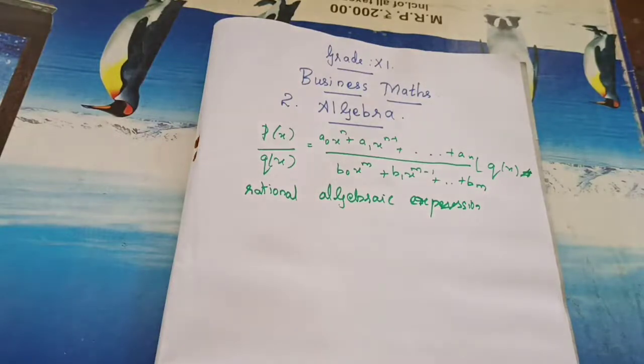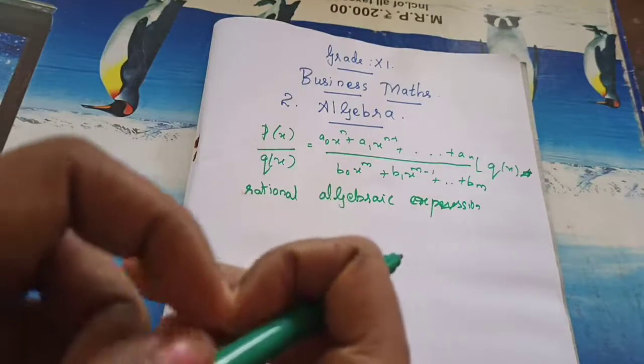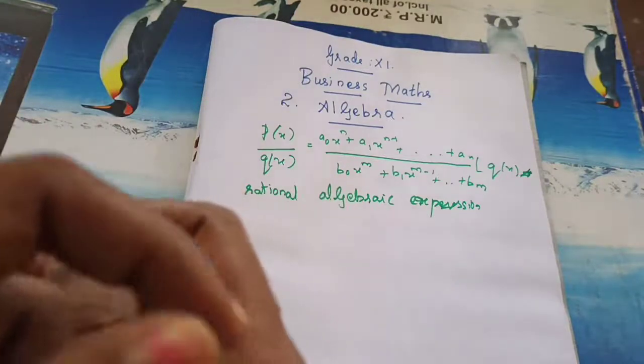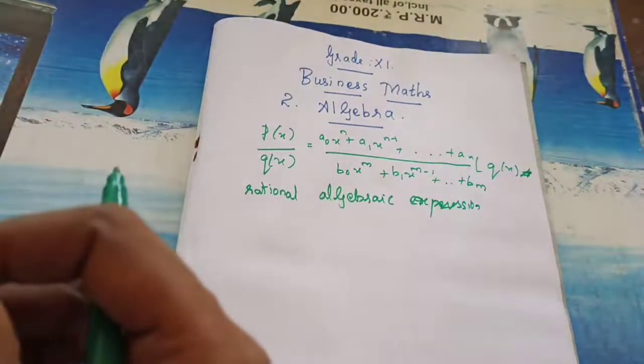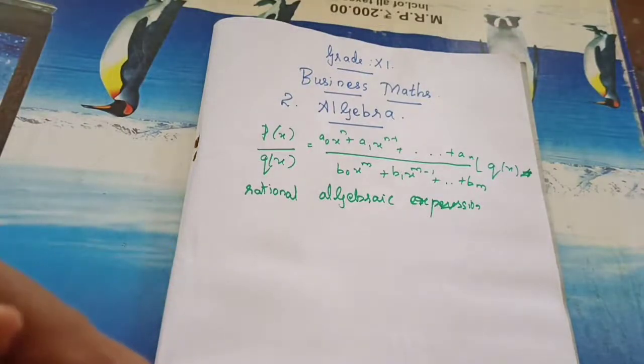So the denominator must be higher, then we will say it's proper. If the numerator value is greater than the denominator, then you will say it's an improper rational fraction. Have you got it? Understand all of you?